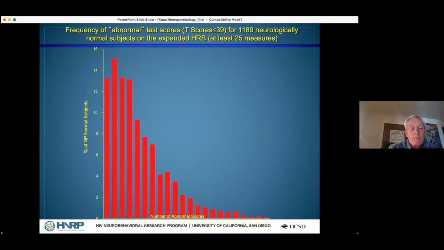So most of us are not perfect, and the more tests that one gives us, the more likely we are to screw up on one or more of them. And it turns out that for these, as far as we can tell, completely normal people, they screwed up at the one standard deviation level on about, on average, 10% of the tests.